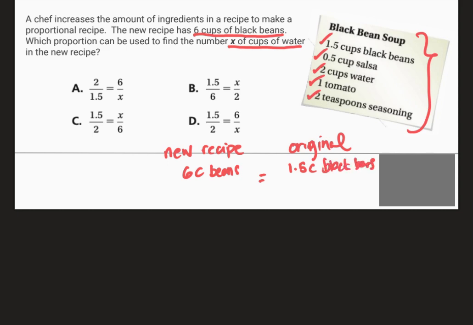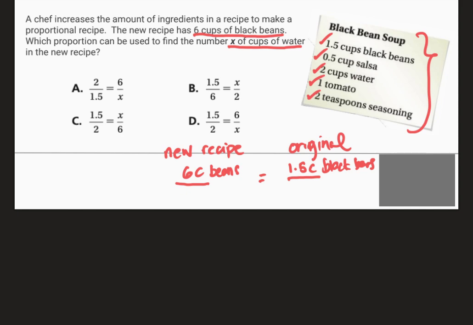We just have to make sure that when we're writing a proportion, we put the same value in the numerator or denominator. In this case, we are going to use the beans as our numerator, and the denominator is going to be the cups of water.